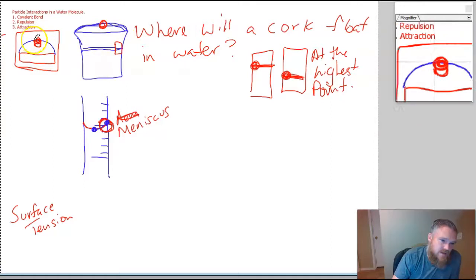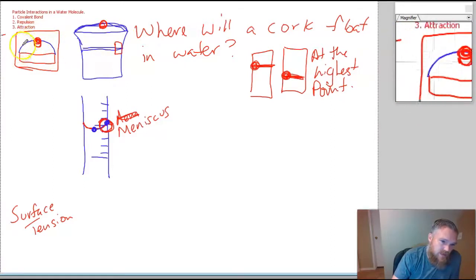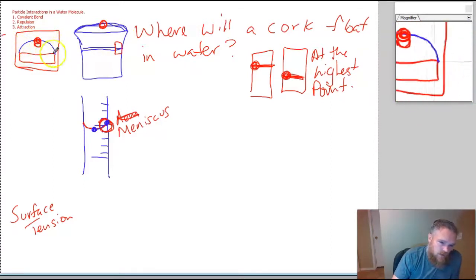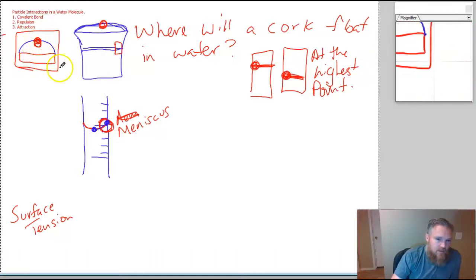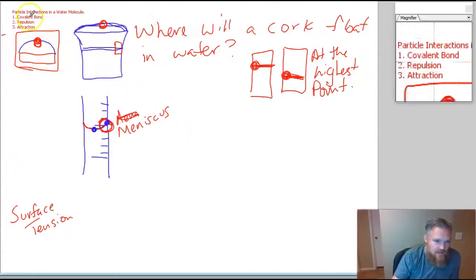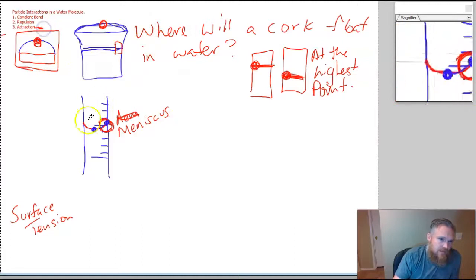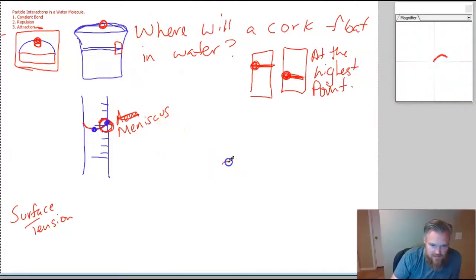So if you can imagine all of the water molecules in this water dome on the penny, right? Basically what's happening is attraction, right? So we've got molecules that are basically holding hands. Remember in that last video I told you that it's kind of like red rover, right?